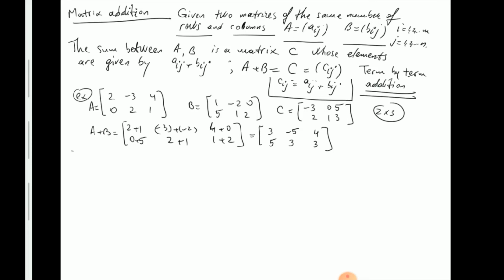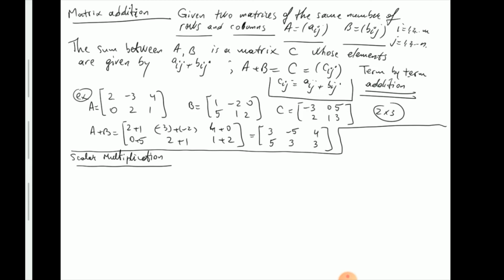Another operation for today's lesson, which I already alluded to via an example, is the so-called scalar multiplication. I'm not going to spend too much time talking about this word scalar and what it means. Let's just basically equate it with a real number.